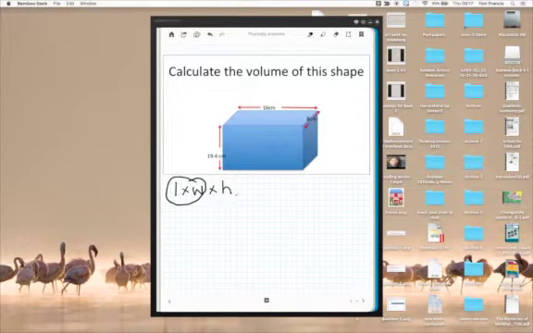Now I've got some tricky numbers here. I've got 19.4, 16 and 8.